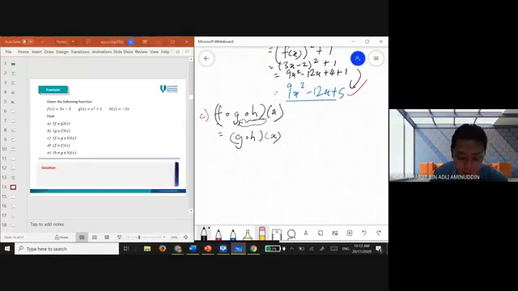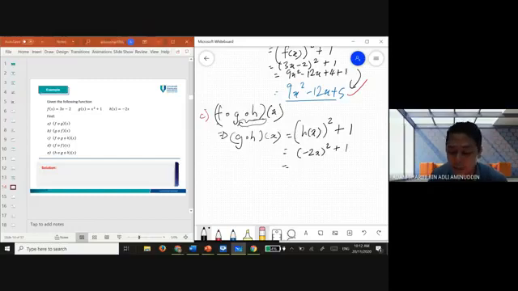And GH, jadilah HX kat situ. Masuklah the whole HX becomes the input for G, becomes negative 2x squared plus 1. Okay, cross check with my workings by the way.